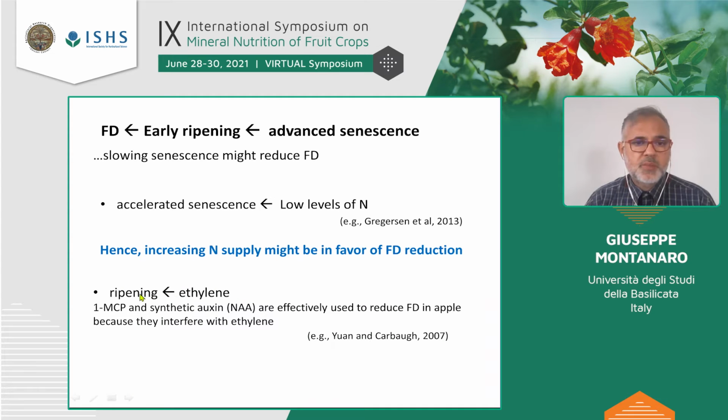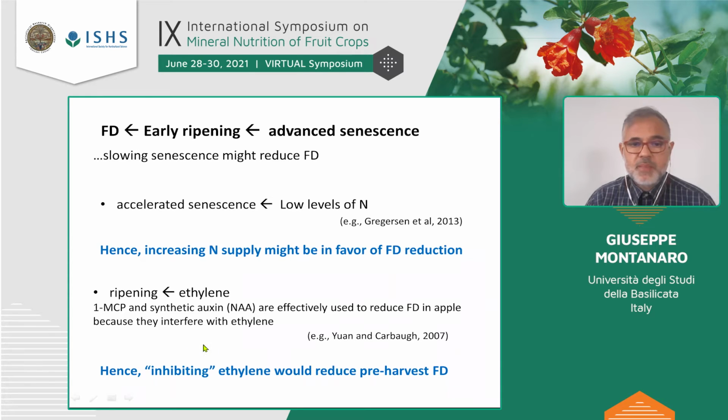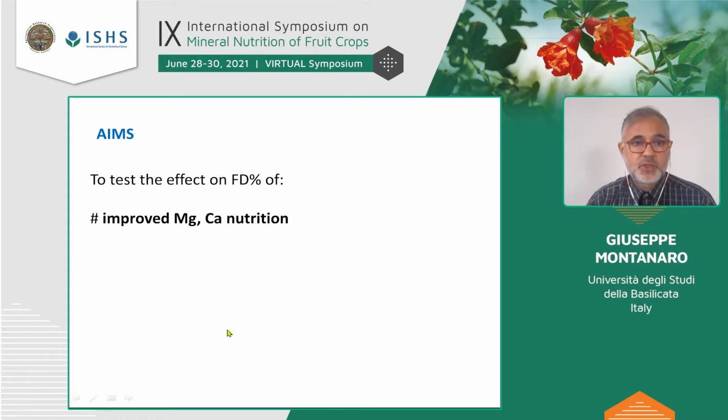Ripening is also related to the hormone ethylene. In apple, two compounds, 1-MCP and the synthetic auxin NAA, are used to reduce fruit drop because they interfere with ethylene. So, let's say, inhibiting ethylene would reduce pre-harvest fruit drop.